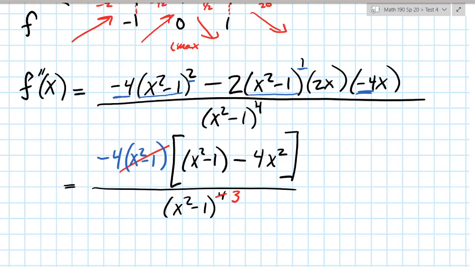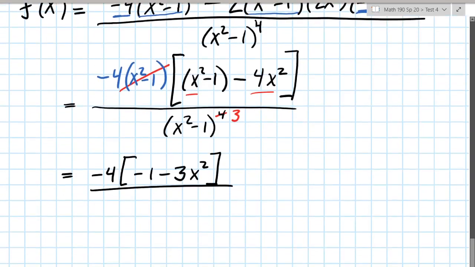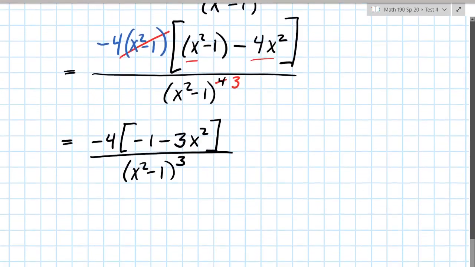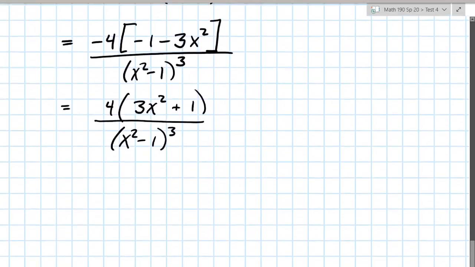And it also looks like we can combine like terms up here, which leaves us with negative 4 out front, negative 1 minus 3x squared over x squared minus 1 cubed, which, if we factor out a negative 1 and rearrange this so it's in descending order, we end up with 4 times 3x squared plus 1 over x squared minus 1 cubed. Alright, that's not too bad for a second derivative.